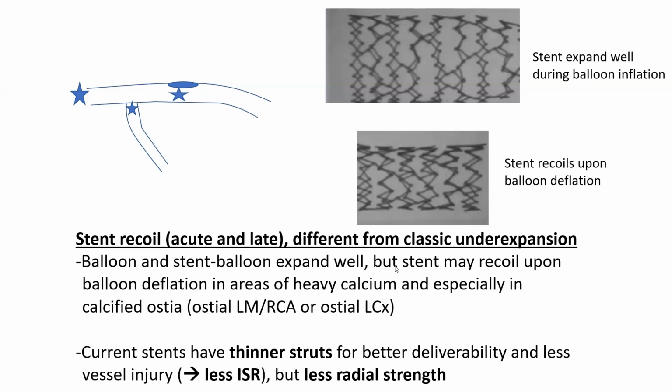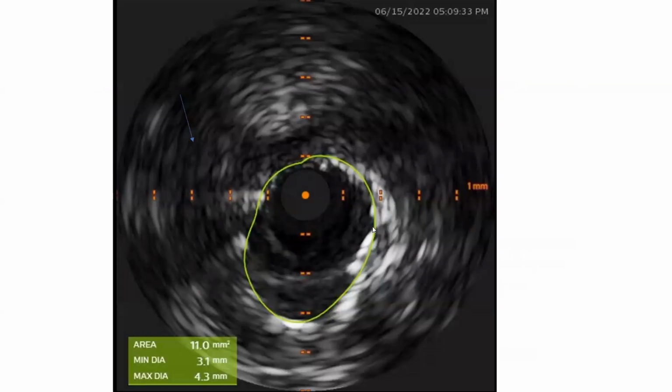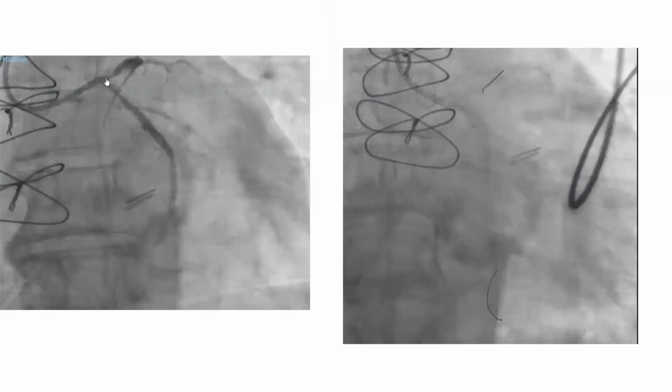Another way of treating it, and I have no data to support this, is when I see in-stent restenosis, and I think stent under-expansion with a stent recoil is a big factor, I end up having to put another stent with better radial strength, such as the Megatron stent, like I did in this case. That's one of the reasons I use another stent. It's not just the tissue growth.